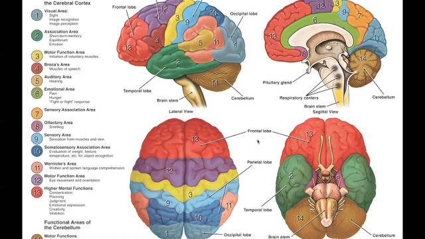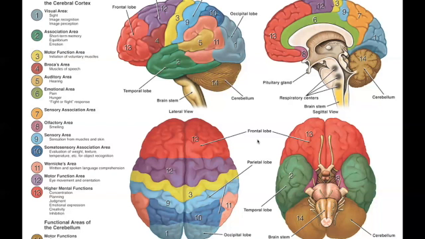The four lobes are the frontal lobe, the parietal lobe, the temporal lobe, and the occipital lobe. So it's the largest one, and it has many different functions, and sometimes people have more ridges in their frontal lobe. That is a sign of higher intelligence, like for example Einstein.